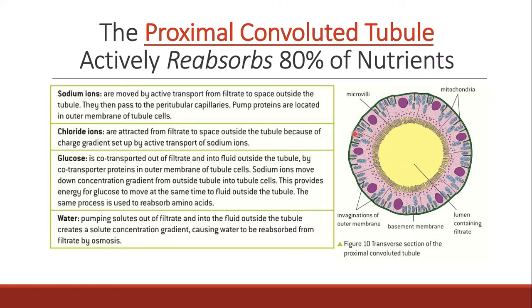Because the sodium is being pumped out, glucose has a system, it's called co-transported. So if sodium pumps out, glucose also kind of hops with it, and they get transported together. So we're going from low sodium to high sodium, so we're pumping sodium against the concentration gradient, but then we are also going to move glucose along with it.